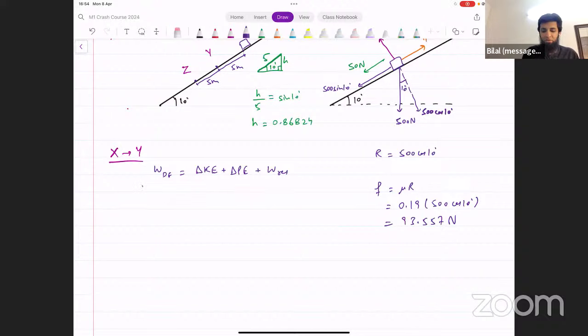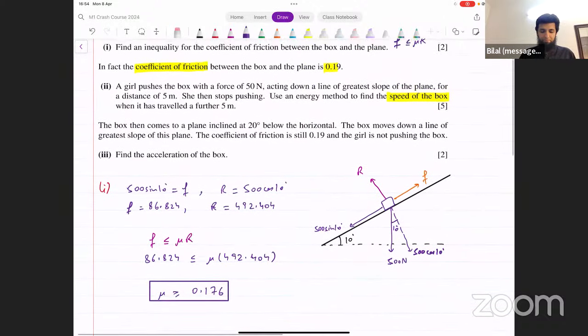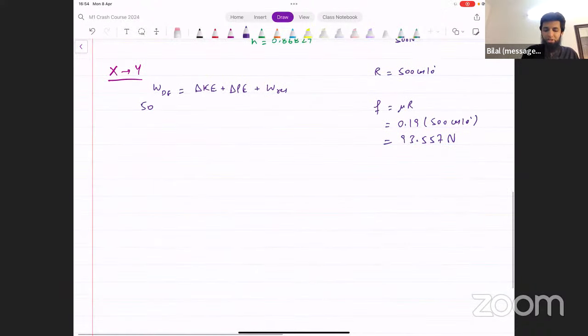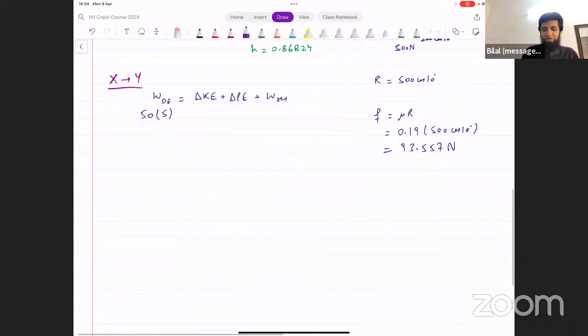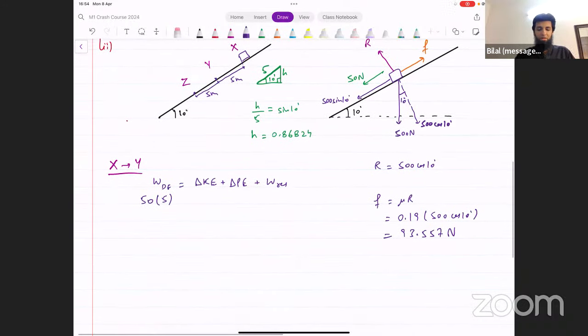Work done by driving force: how do you find work done? Force into displacement. Driving force is 50, and the displacement is 5 meters. So work done by driving force is 50 into 5.